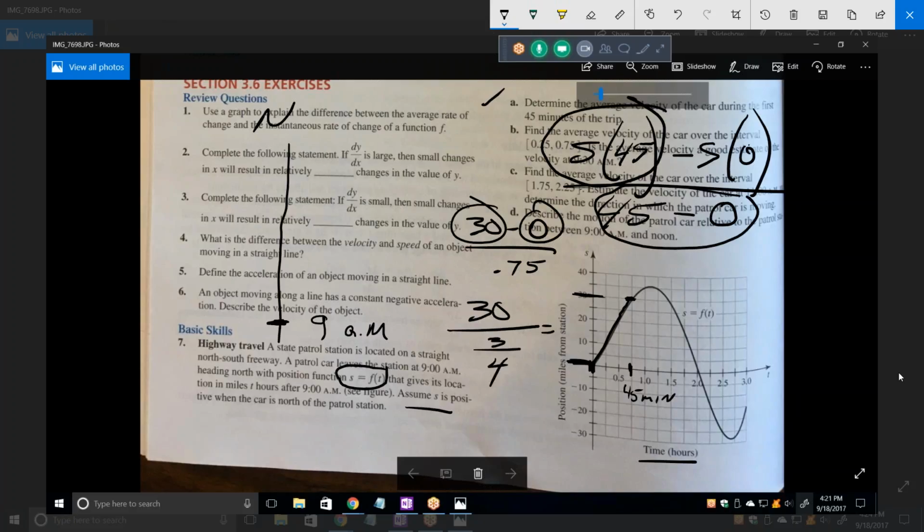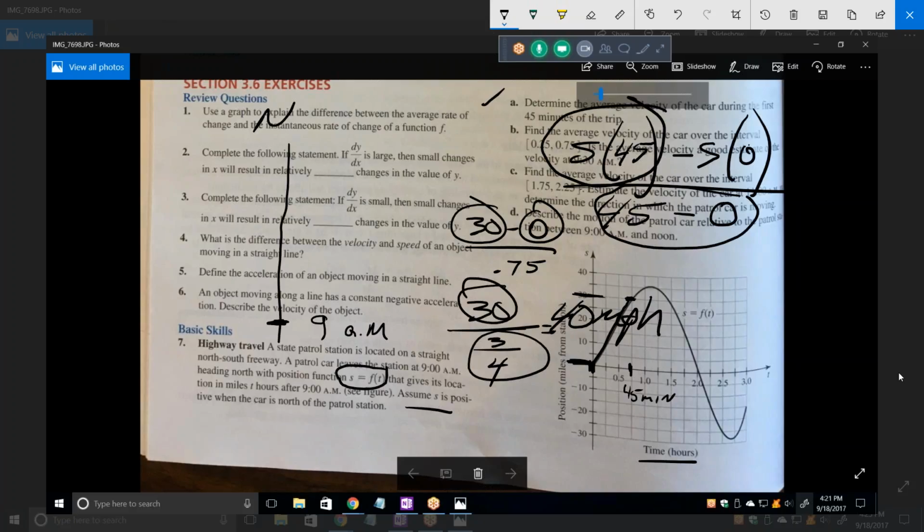What is that? How do you divide by a fraction? Oh, so it would be 40. So his average velocity in the first 45 minutes is 40 miles per hour. Because I turned that into hours, that's miles. So it's 40 miles per hour.